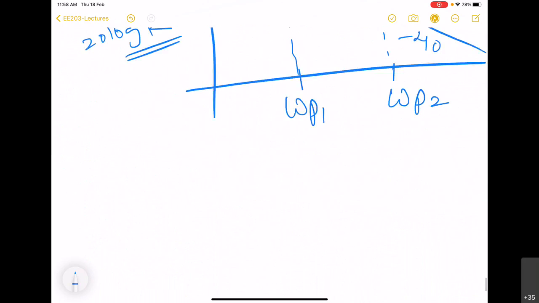So now this is about the high frequency. Similarly, one can find out the low frequency common gate response or gain.